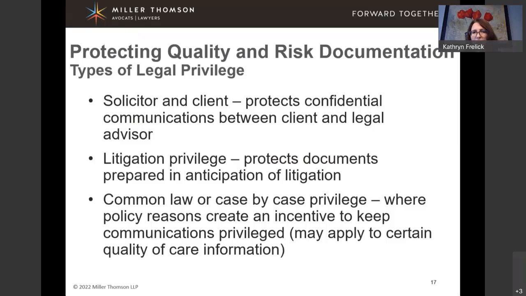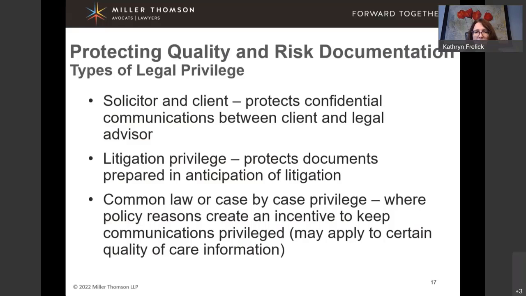The first is solicitor and client. And this is intended to protect confidential communications between the client and the legal advisor. It allows counsel to provide legal advice. It also allows for investigations to be undertaken, and that information being provided to legal counsel for the purposes of providing legal advice.